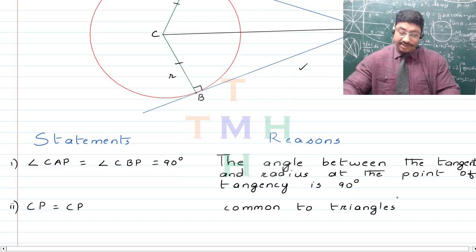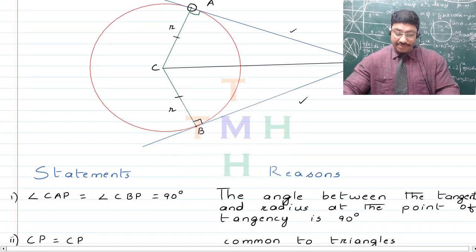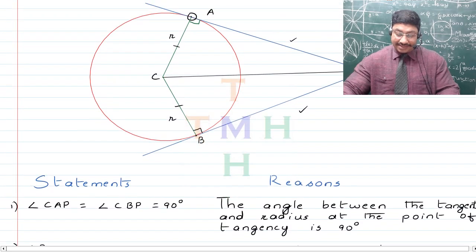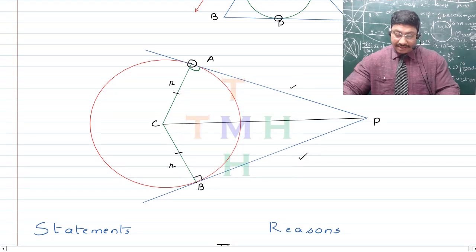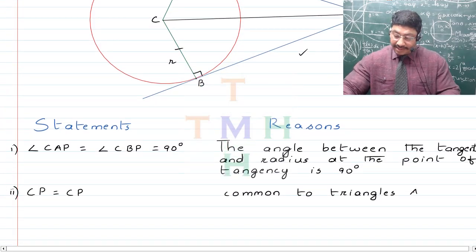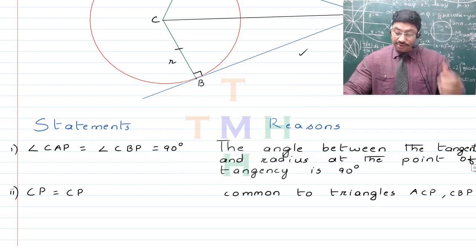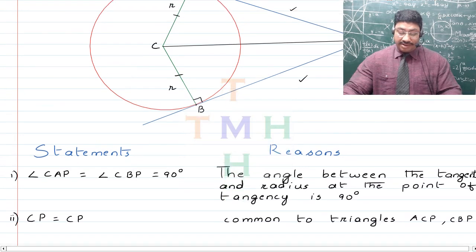Which of the two triangles? One is ACP and the second is CBP. ACP is one triangle and the other is CBP, right? So in both of these triangles we have CP equal to CP. Being common, they will be said to be equal.